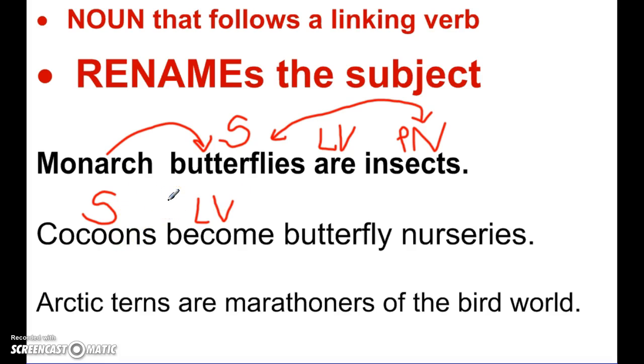Cocoons become butterfly. That's not going to make sense because this one's singular and this one's plural. Cocoons become nurseries. A nursery is where baby plants are grown or little children are taken for daycare. So that makes sense. Cocoons become nurseries for butterflies.